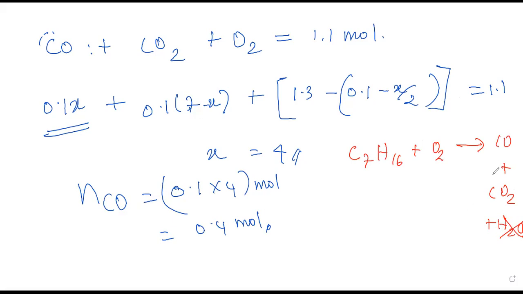We assume the carbon monoxide is x, so carbon dioxide is 7 minus x, and water is 11 minus x. The oxygen is divided by 2. We have found the moles of heptane, which is given.